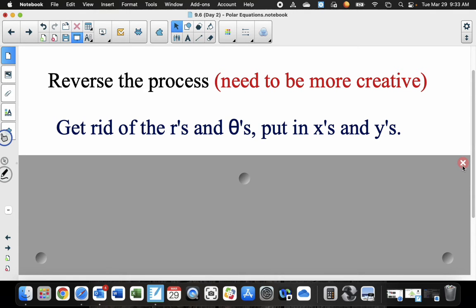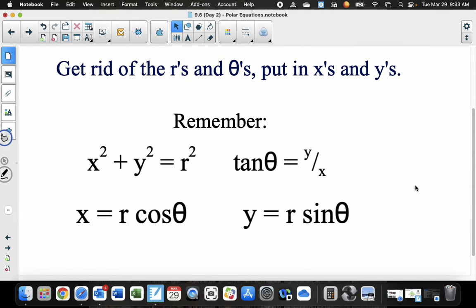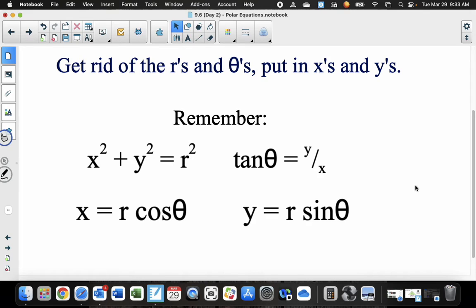Ultimately, we're going to come back to these 4 equations. Here's your relationship between thetas and r's and x's and y's. We're going to come back to these 4 equations.